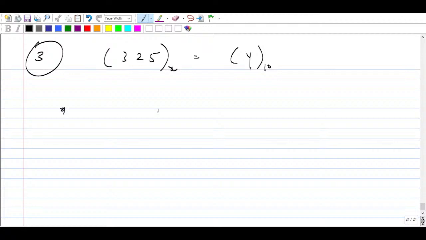You can write this as 5x raised to power 0 plus, take the digit, multiply with the corresponding weight. So here you are getting a quadratic equation kind of thing, the 3x square plus 2x plus 5.